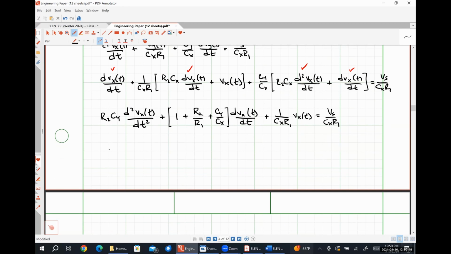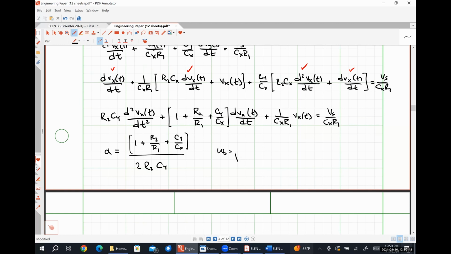So let's see if I can do this today without screwing it up. Alpha should be 1 plus R2 over R1 plus CY over CX, divided by twice R2 CY.